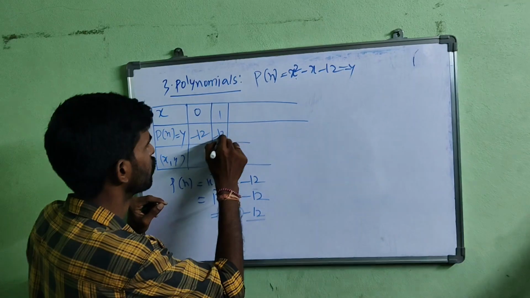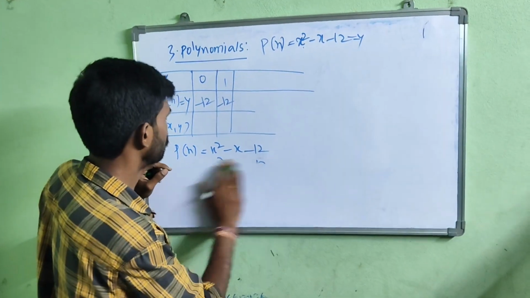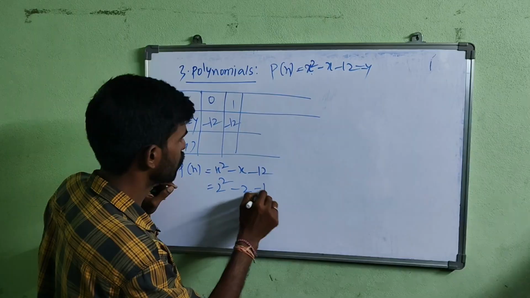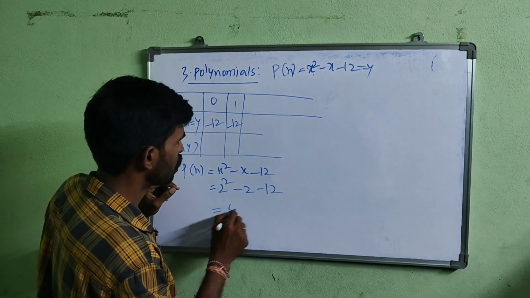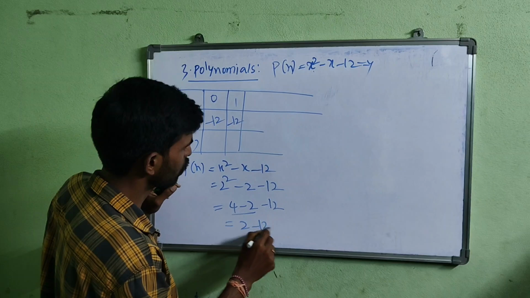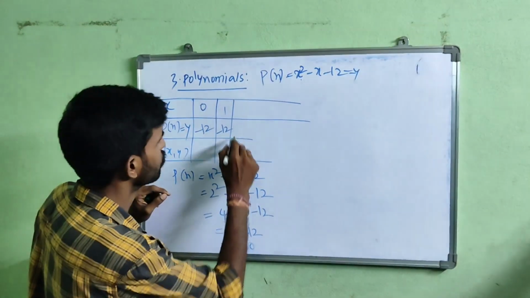Minus 12 is remaining. Next, if I take 2, 2 square minus 2 minus 12. 2 2s are 4, minus 2 minus 12. 4 minus 2 is 2, minus 12 equal to minus 10.